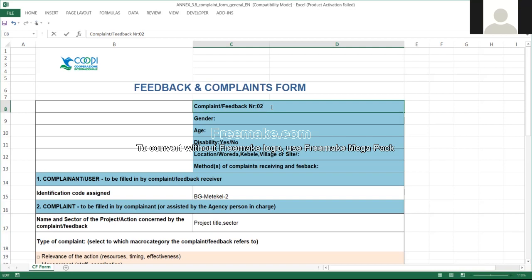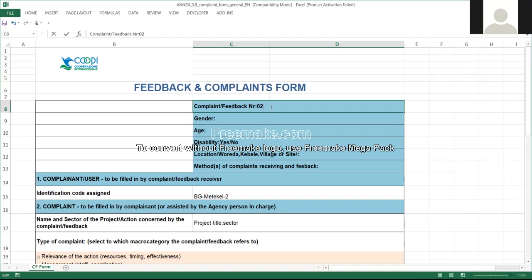You put the gender of the person who is complaining, the age, and disability, whether this person is disabled or not, because some complaints may be related to persons with disabilities. Maybe the person feels something against him or her because of having a disability.